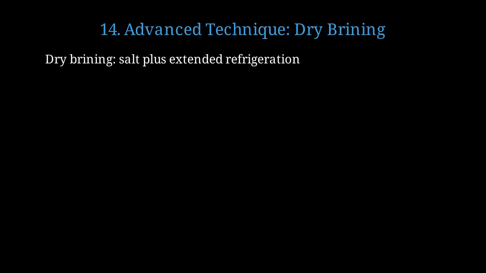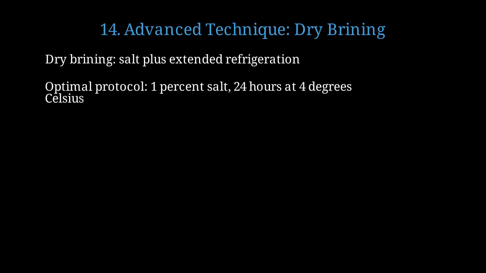Now let's talk about an advanced technique called dry brining that maximizes these effects. Dry brining combines salt application with extended refrigeration time, typically 12 to 48 hours. The optimal protocol uses 1% salt by weight and 24 hours in the refrigerator at 4 degrees Celsius. This gives you 3 benefits: protein denaturation, controlled surface dehydration for better browning, and enzymatic tenderizing.